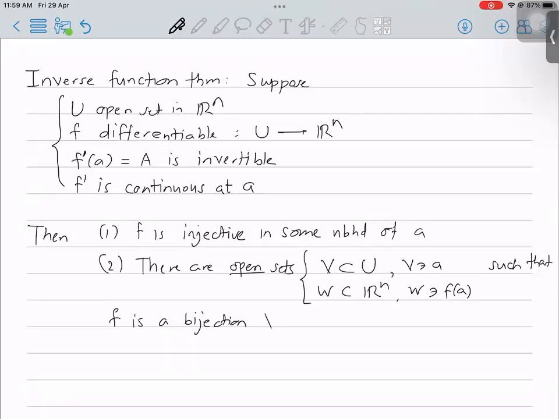So f is a bijection from V to W, whose inverse, let's call this G, is also continuous.